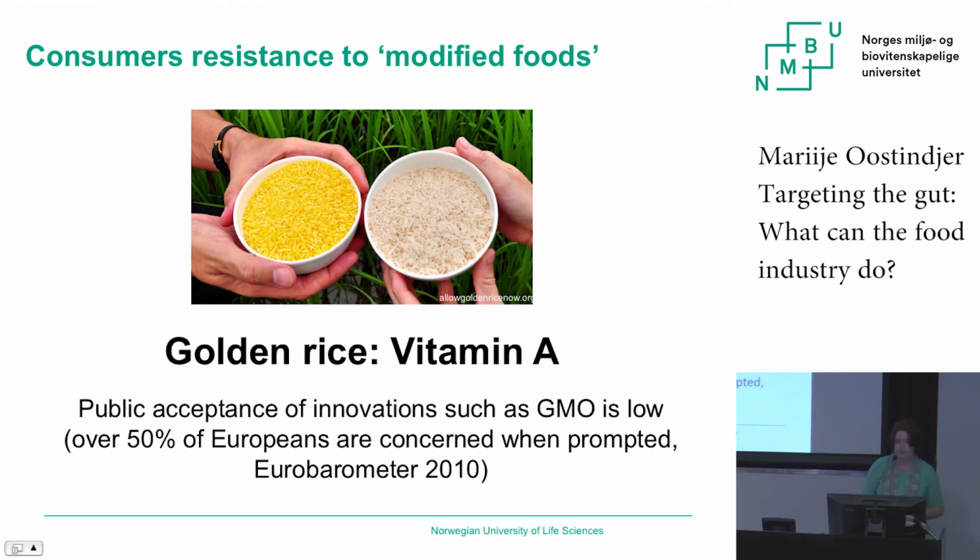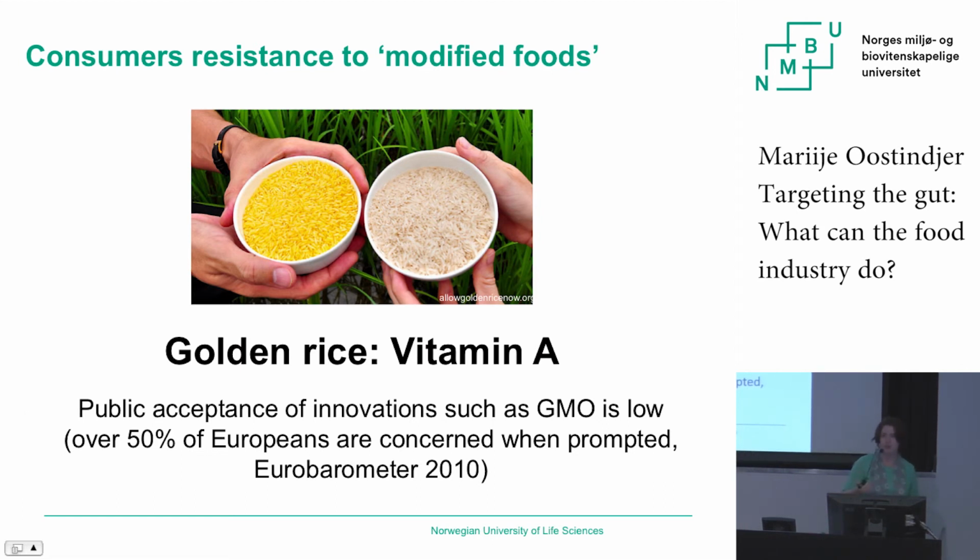And when you ask consumers, are you concerned about GMO in your food? Over 50% of Europeans will say yes, I'm very concerned about my food containing any GMO. But when you ask consumers what are the things you are concerned about in your food, only about 12% or so will say, I'm concerned about GMOs.